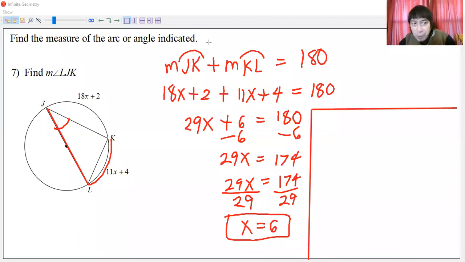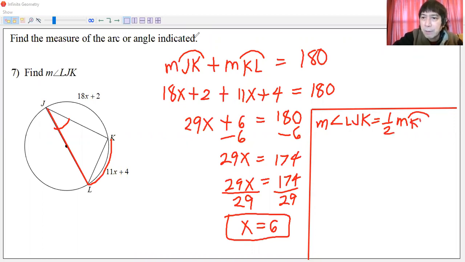So our formula to get the measure of LJK will be like this. The measure of angle LJK will be 1/2 of the measure of arc KL. The measure of arc KL is 11x plus 4. So 1/2 of 11 times x, 11 times 6 plus 4.